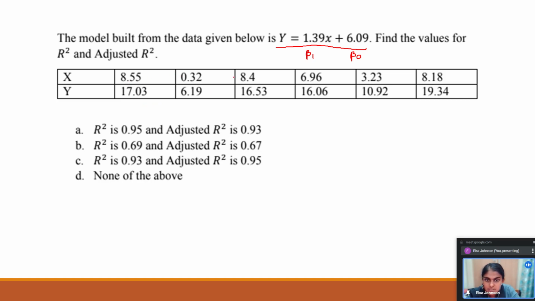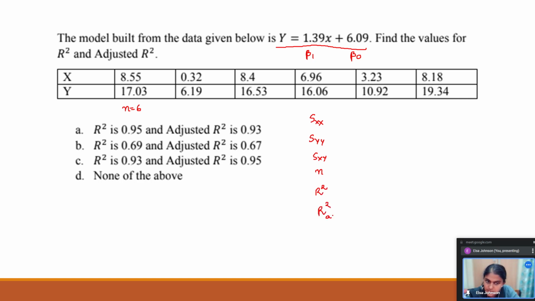Now there are 6 observations, right? x and y values, n equal to 6. So for that we can find sxx, syy, sxy. Then using that we can solve, and we have the number of observations as n. So using these things we can solve for r square and adjusted r square.